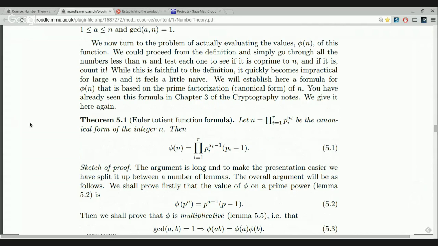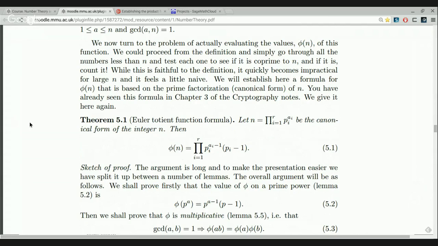And the value for phi of n is given by a related product. We reduce each of the powers on each pi by 1, and then we get an extra factor, which is 1 less than pi. We get one of those for each of the distinct primes, p1, p2, and so on up to pr.